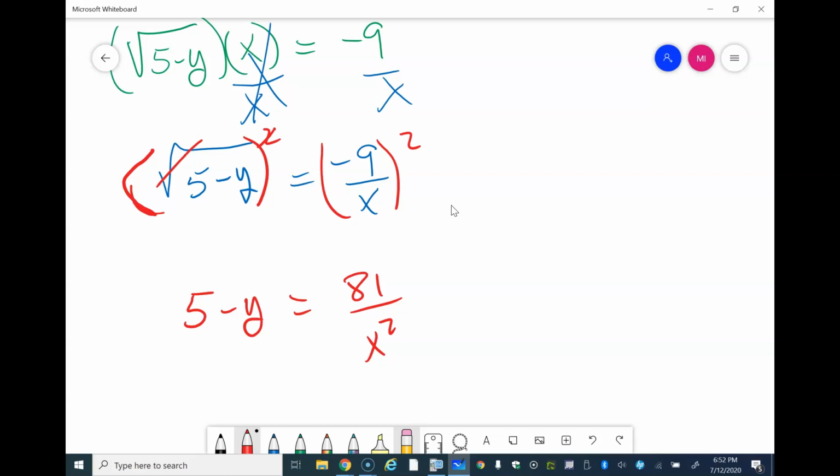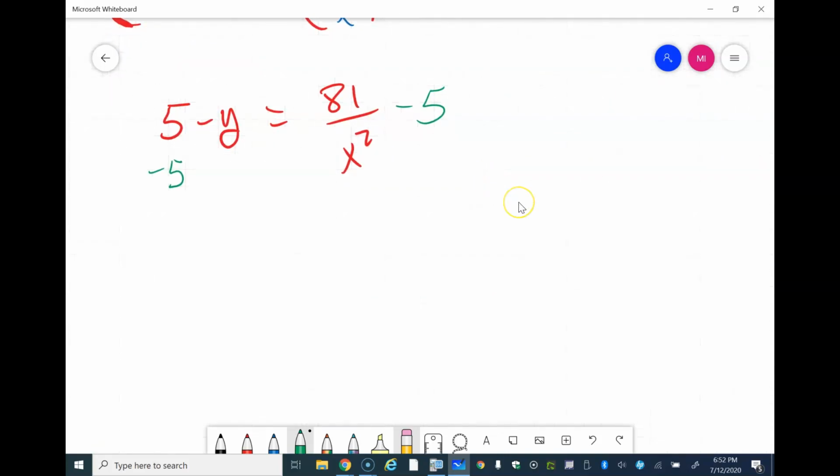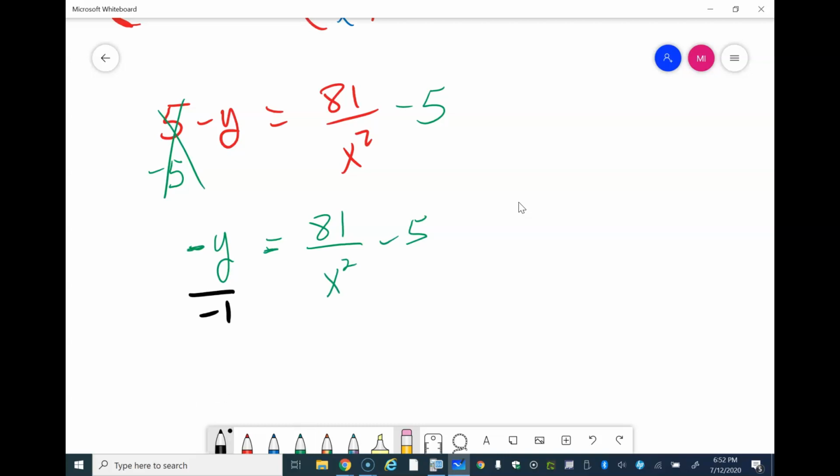So now we're going to move the 5 over. We're going to subtract the 5, do the opposite again. That way, these cancel. Then over here, we're left with negative y is equal to 81 over x squared minus 5. Now we have to get rid of this negative in front, so we're going to divide everything by negative 1, which changes all the signs.